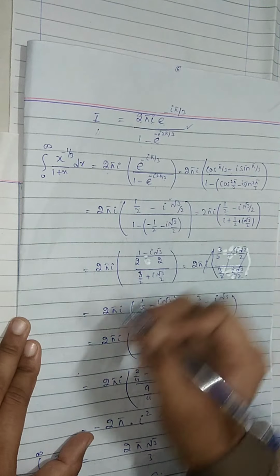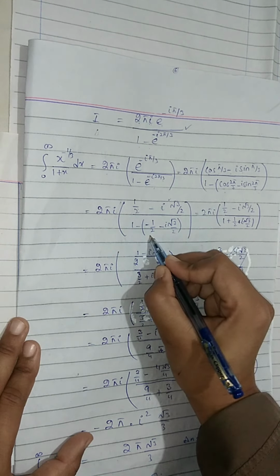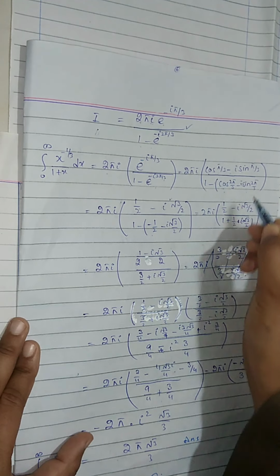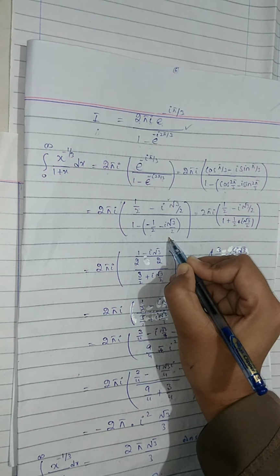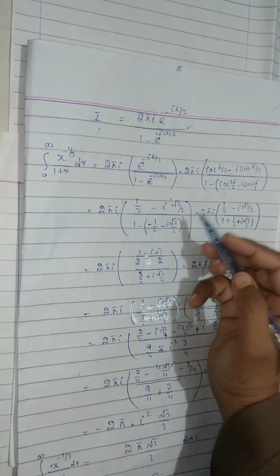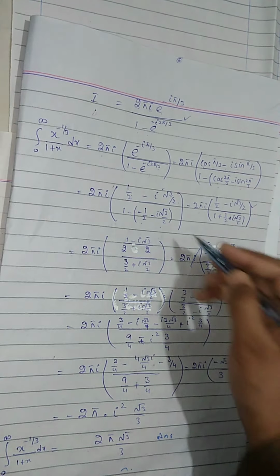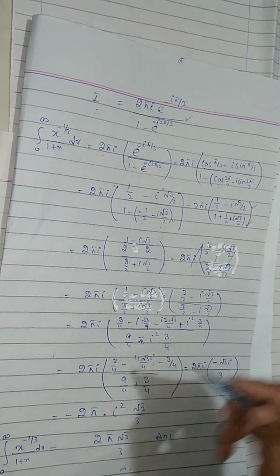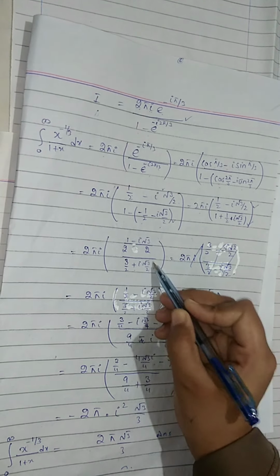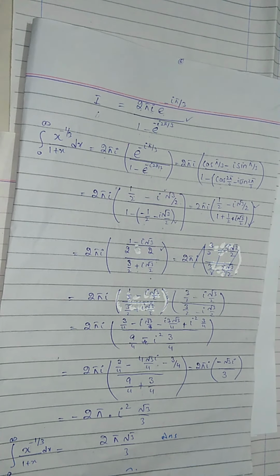We can write it as 2 pi i into e^(-iπ/3) over 1 - e^(-i2π/3). By using the Euler formula, we can write it as cos(π/3) - i sin(π/3). If there is a minus, then we use minus here; if it is plus, then we use plus here.